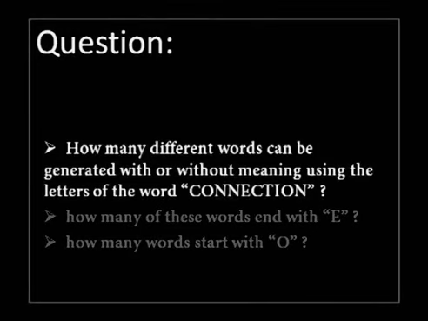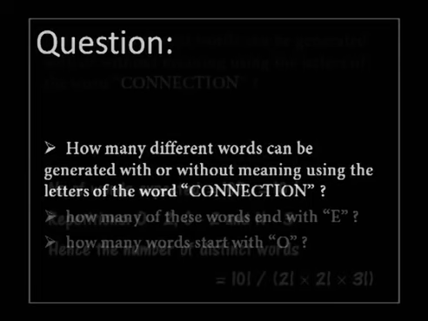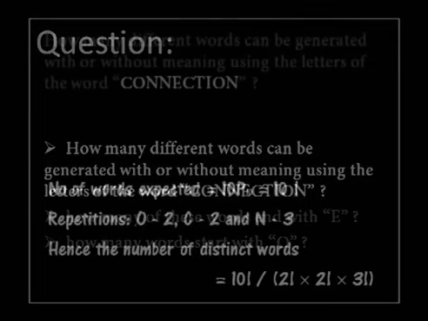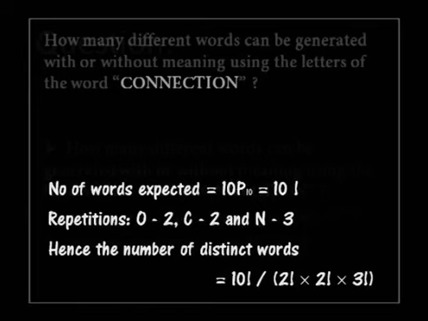The first question is about how many different words can be formed with or without meaning using the letters of the word CONNECTION. Now in this word CONNECTION, there are 10 letters. Now out of these 10 letters, O is coming twice and N is coming 3 times.